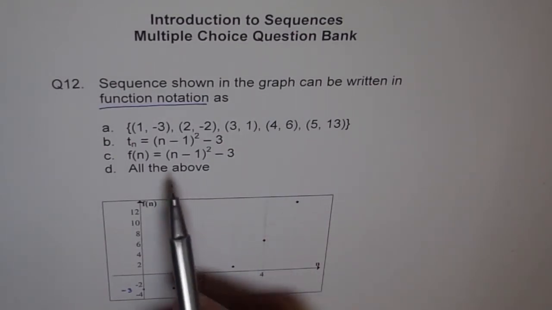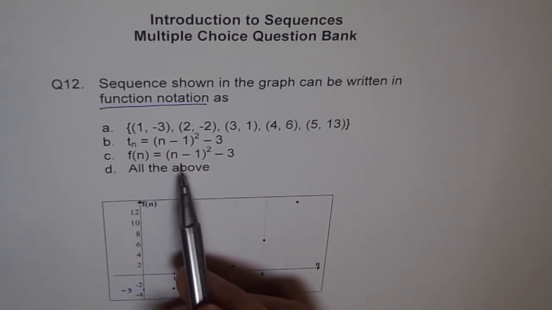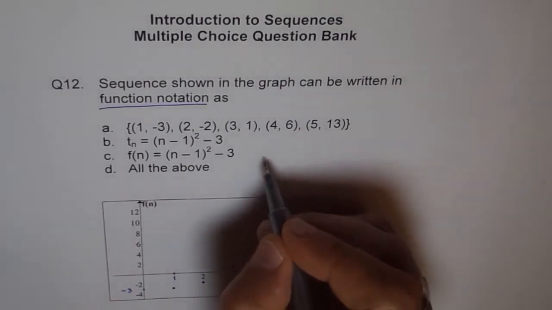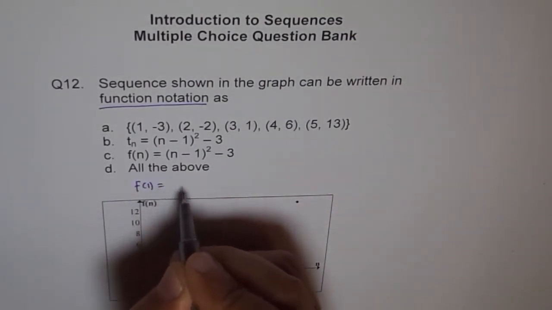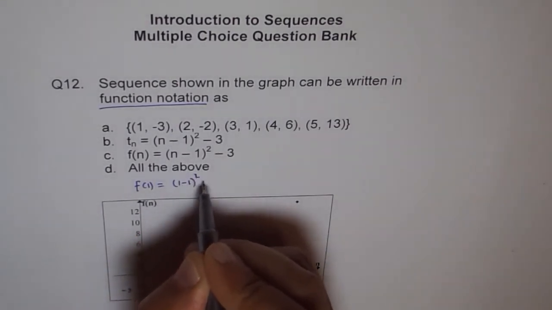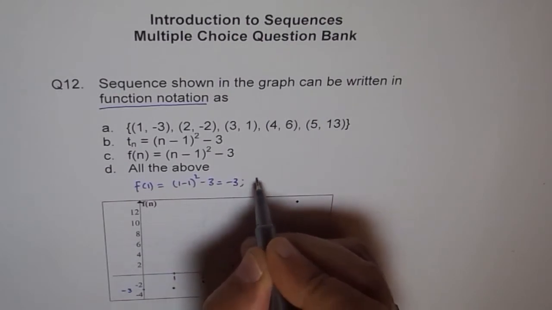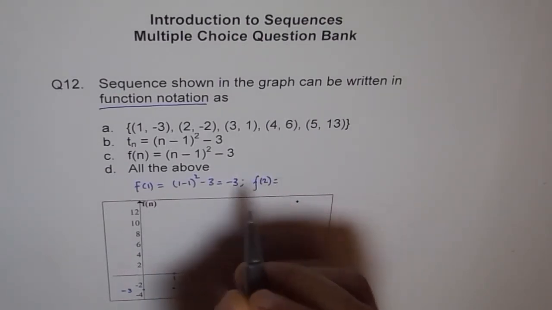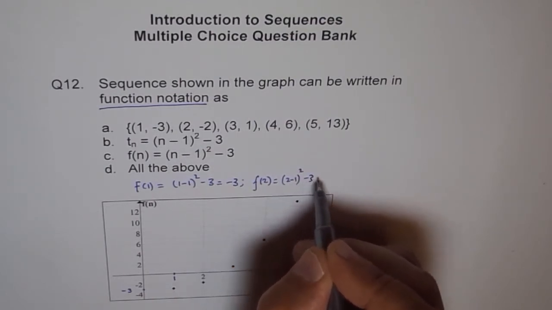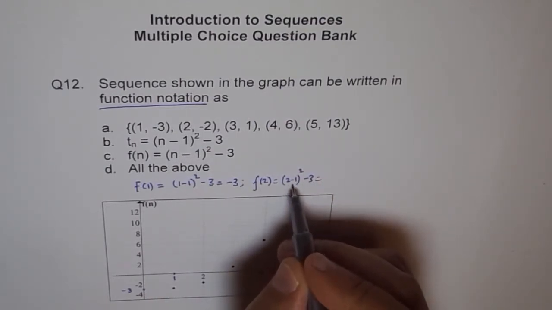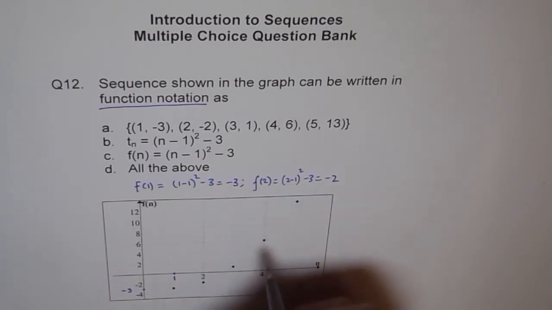Now this can be generated by the function notation formula. If I write n as 1, what do we get as f of 1? So f of 1 equals 1 minus 1 squared minus 3, which is -3, right? F of 2 equals 2 minus 1 squared minus 3, which is 2 minus 1 is 1, 1 squared is 1, 1 minus 3 is -2.